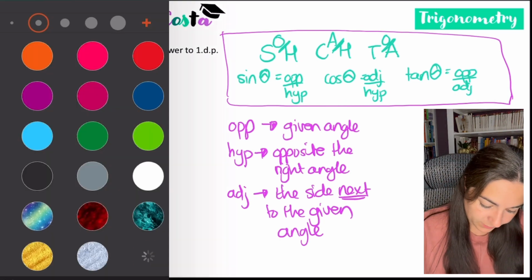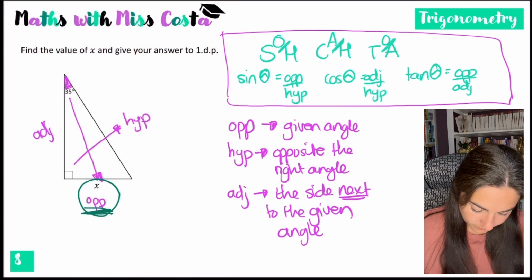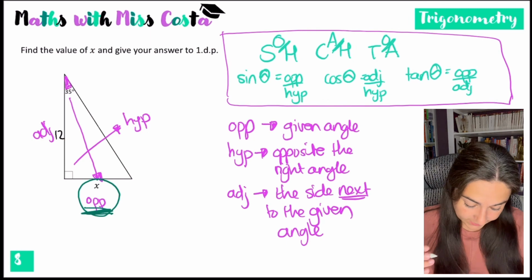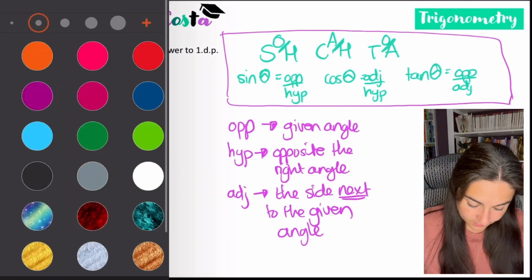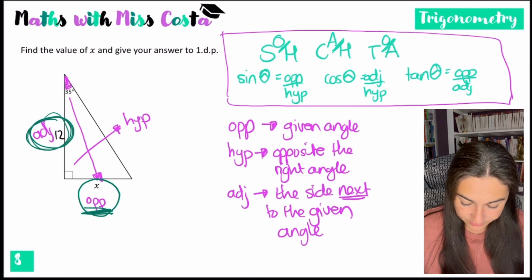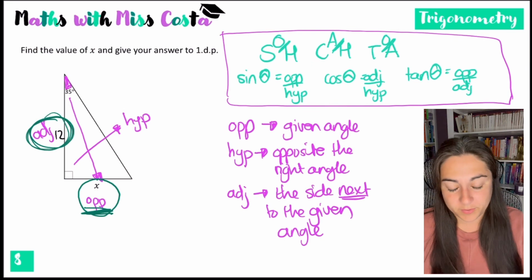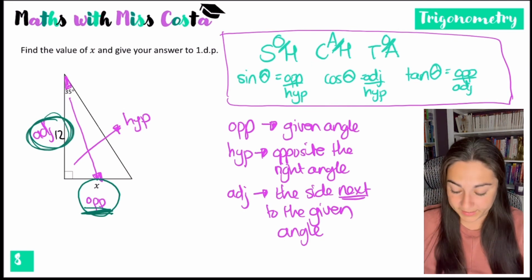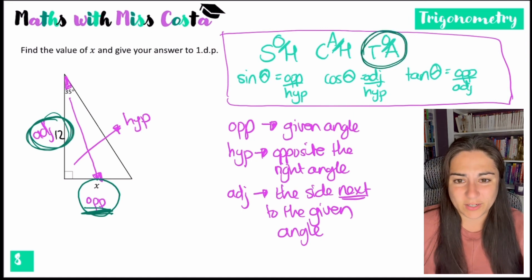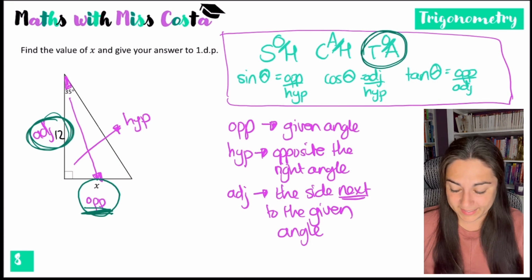Let's say this side here is 12. So we've been given the opposite and the adjacent. Which of the trigonometric ratios have O and A? That's tan. That's why I write SOHCAHTOA, so we can quickly remember which one we need to use.